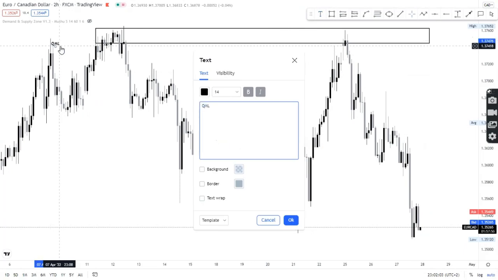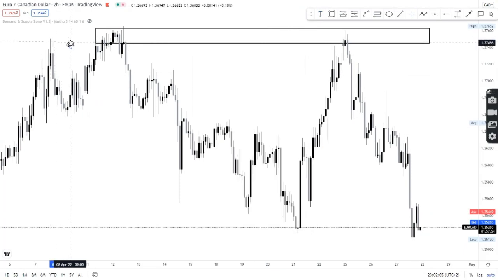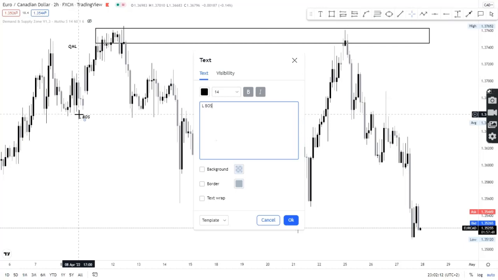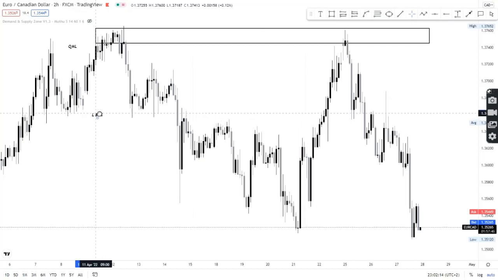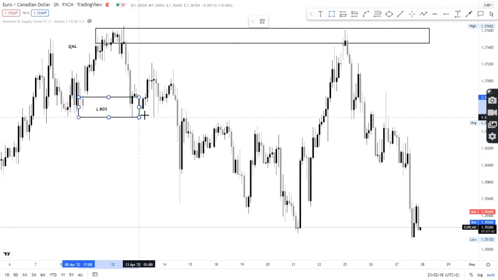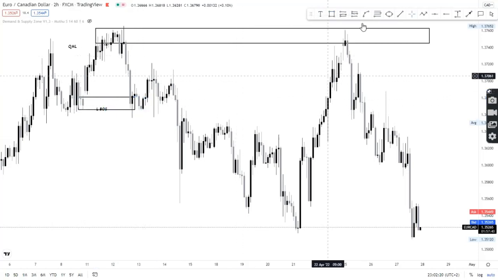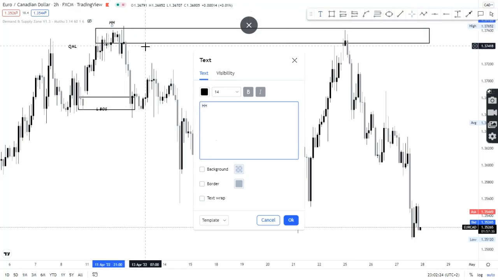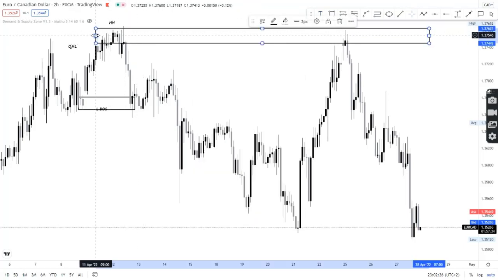This level right here is our QML, and then this is our low and break of structure right there. Okay. And then this is our high.